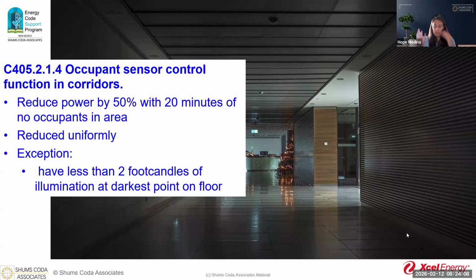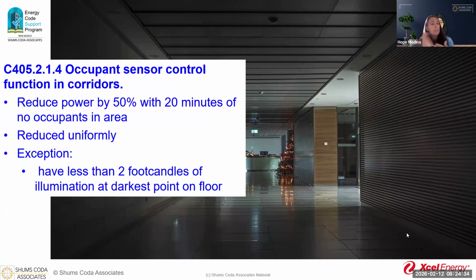And then again, it reduces to that 50% within 20 minutes of people leaving the area. Now that reduction has to be reduced uniformly. They want it reduced consistently, not like you got it here, you got it there.